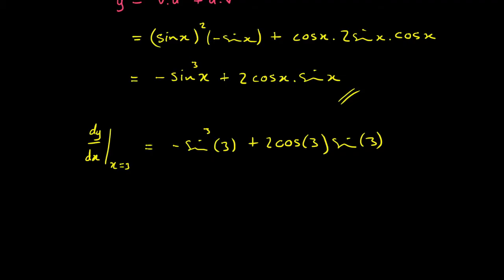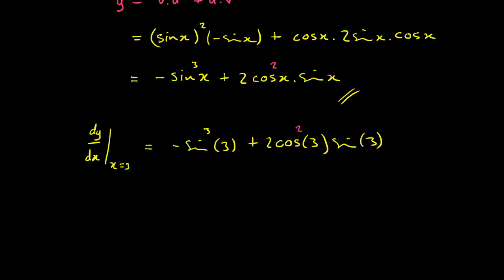Right, so let me try to calculate negative open bracket sine of 3 close bracket to the power of 3 plus 2 cosine 3 close bracket. Oh, sorry, I omitted the cos squared, isn't it? I realize I'm such an idiot. Do beg your pardon, guys. Sorry about that. Got to go back.